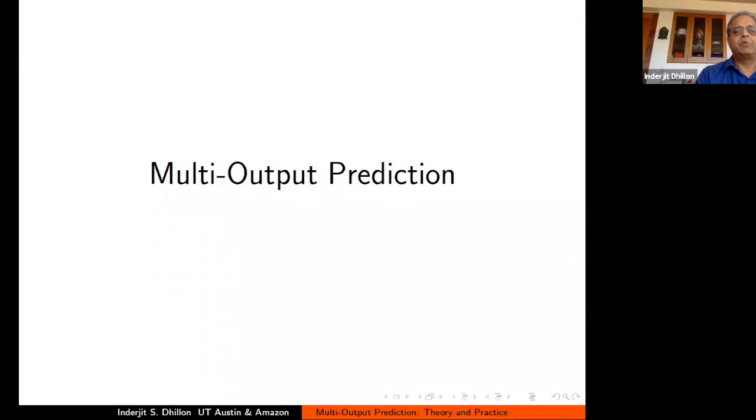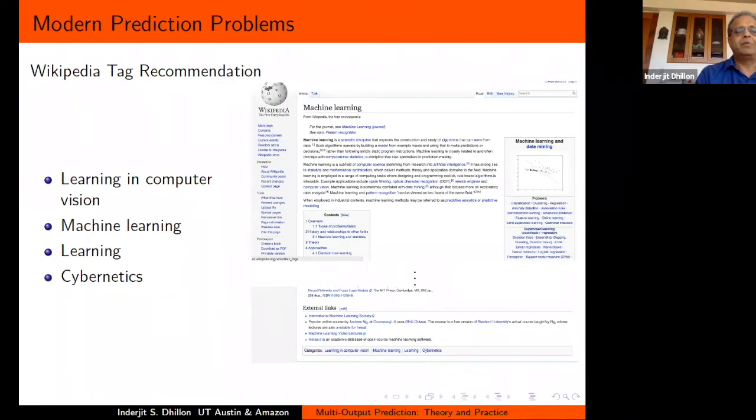So multiple output prediction comes up in many modern applications. So for example, this is the Wikipedia tag recommendation problem that we'll carry out as a running example throughout my talk. So this, as an example, is a Wikipedia page on machine learning. And down below, hopefully you can see my cursor, are categories which are associated with this particular Wikipedia page.